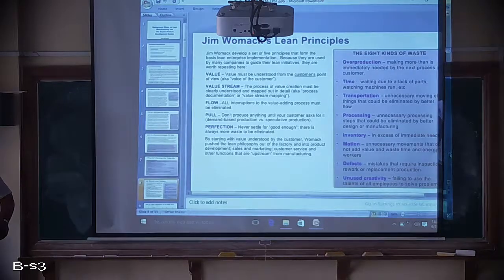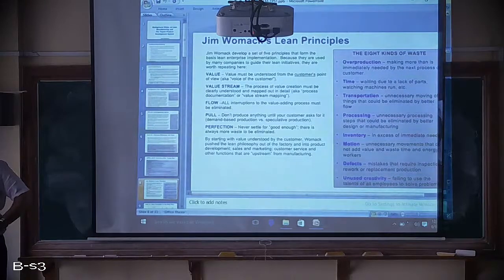For example, the customer is going to invest lakhs of rupees to buy a four-wheeler, a car. The moment you buy the product, your value should increase. Yes, you own it. That's what value is, and that's why they say the voice of the customer should be seen. Very important. Value, one of the principles.